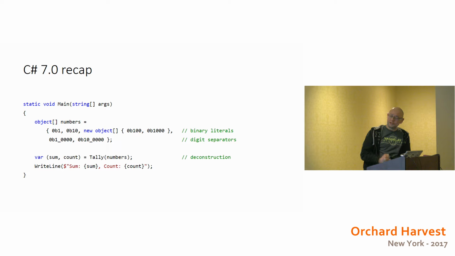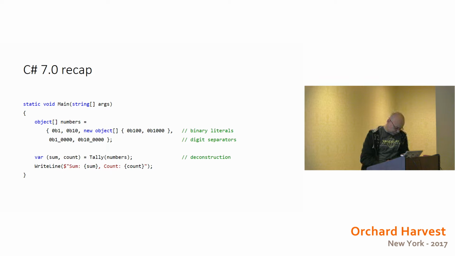Much more useful deconstructions. This goes together with the notion of a tuple, which has existed in many languages for a very long time, but that C# didn't have. Now, a function can actually return multiple results, basically.